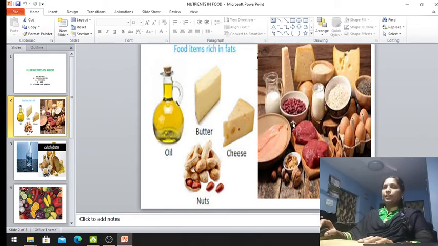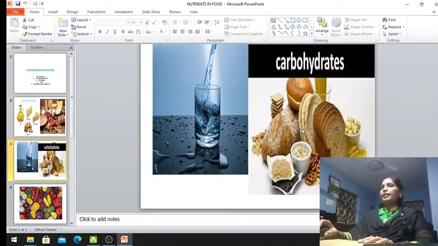Suppose you ate food like bread, or rice or chapati, these food items we are getting from cereals, food grains.